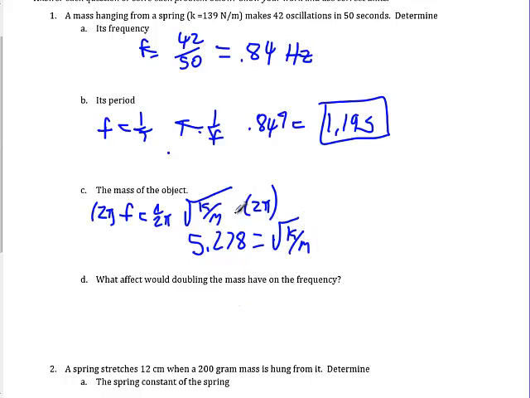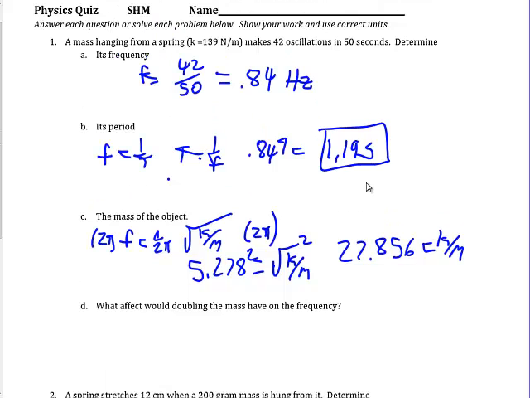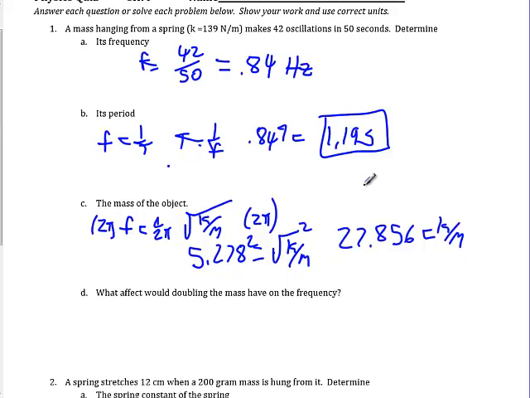Now I'm going to square both sides, and so I get 27.856 equals k over m. I'm looking for m, so I've got to multiply by m and then divide by 27.856. So if I take 139, my k, divided by that 27.856, I get 4.99 kilograms, or m is close enough to 5 kilograms that nobody knows the difference.